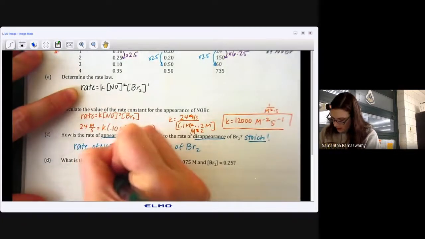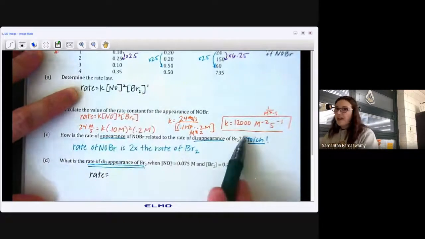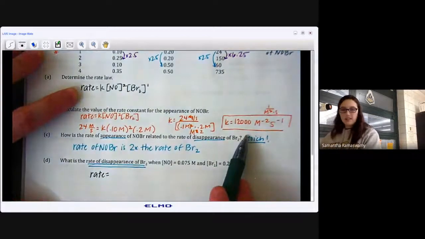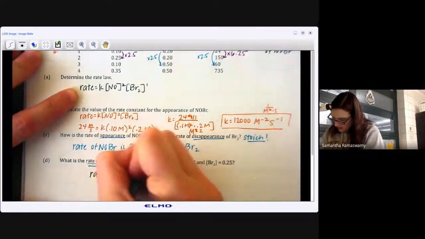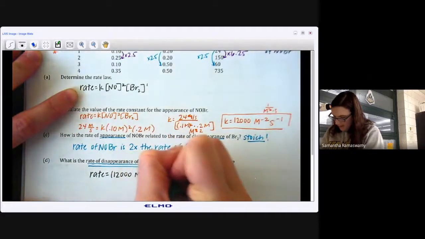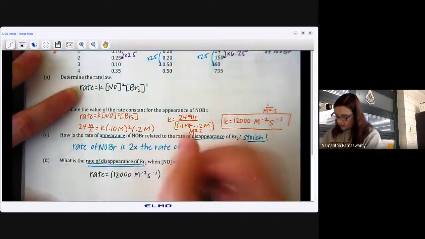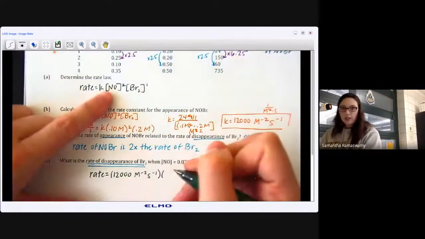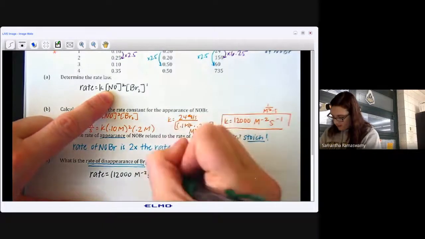So rate equals, and we're going to plug everything in. Remember, once you have K, you have K until you change the temperature or add a catalyst. So 12,000 M^-2 s^-1, that's K, times the concentration of NO squared. Here's NO, 0.075.